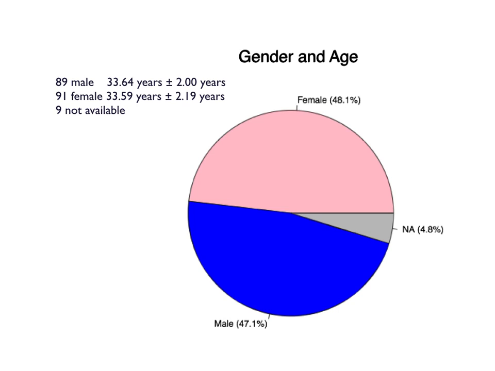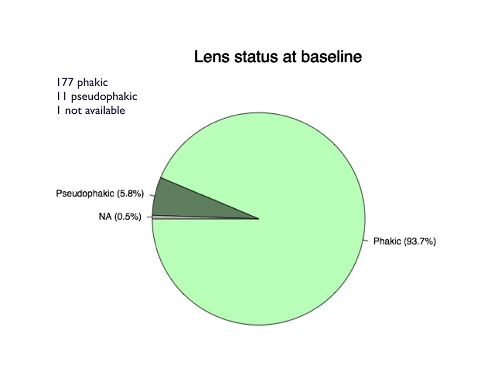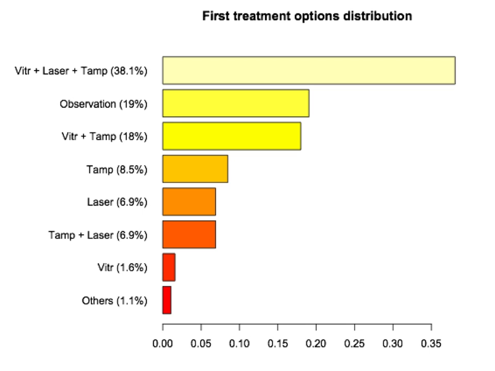Let's see what the baseline characteristics of these patients were. As far as gender and age, we know, and it was confirmed, that there is no predilection of gender. It's equally distributed between male and female, and the age of presentation is adult age, but young, 33 years. The lens status was, as expected, phakic for most of the patients.